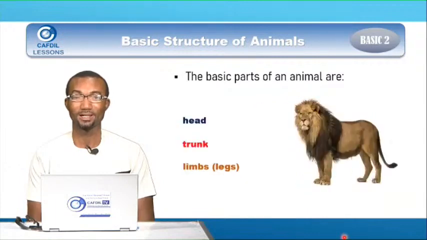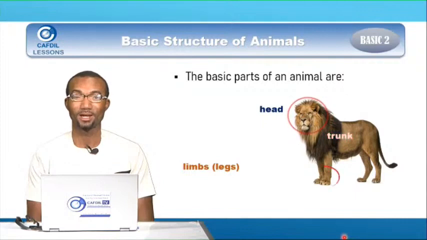Let's look at another animal. Oh, it's a lion. So let's look at the basic parts of this lion. First, we have the head. So this is the head of the lion. The next part is the trunk. That's the main body of the lion.